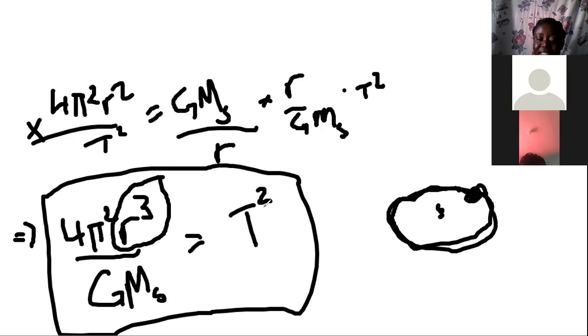So it means that the time squared is proportional to this. If you increase your radius and then you cube that, it's proportional to the time it takes, and then you square that. If I decrease the distance and then I cube that value, it's proportional to my time squared.